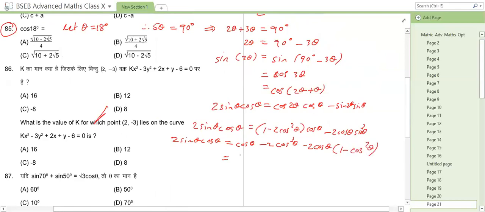So if you open this up, you're going to get cos theta minus 2 cos cubed theta minus 2 cos theta plus 2 cos cubed theta.